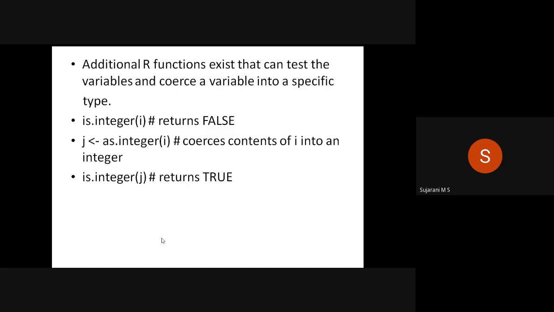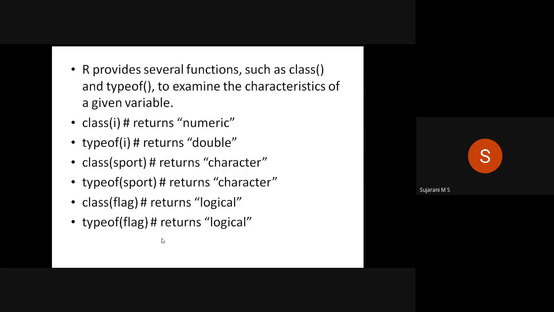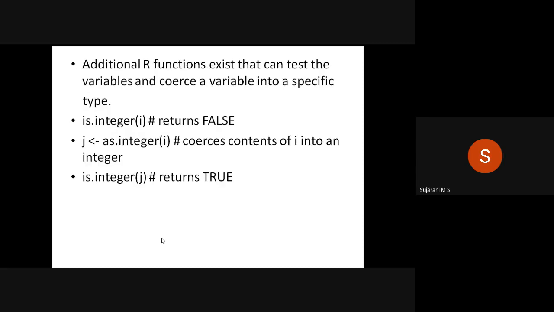Next, there are additional R functions that can test a variable and coerce a variable into a specific type. We can check whether a variable is of a certain type using the function is.integer(i). It returns FALSE. That means it is not an integer. By default, i is stored in memory as a double, as we also saw in the previous slide: typeof of i returns double. So we use is.integer(i) to check the type of the variable i.